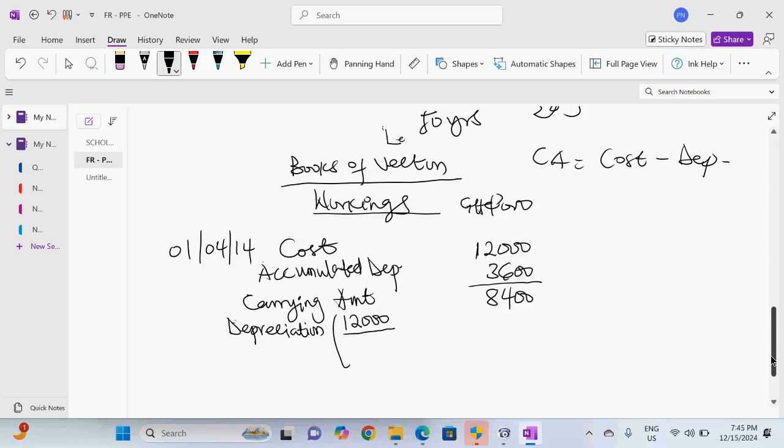What is the estimated useful life? 20 years. And this is a 1 year depreciation. But you want a 6 month depreciation, so you multiply by 6 over 12.